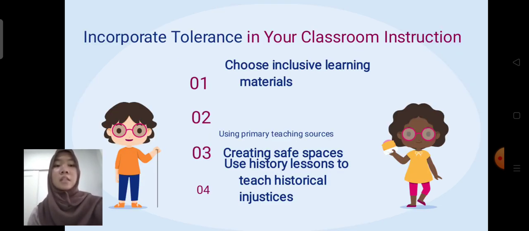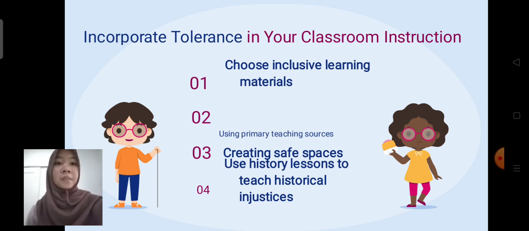Okay, the first instruction, you can choose inclusive learning materials. Being mindful of the teaching resources you purchase and how they represent people can make a tremendous difference. Anti-bias children's books address diversity, power relationships among different social groups, and differences in social identities.